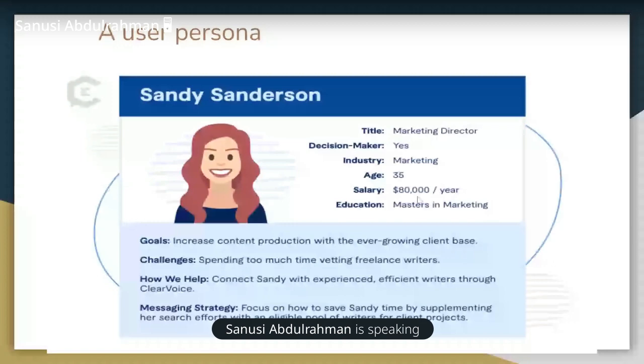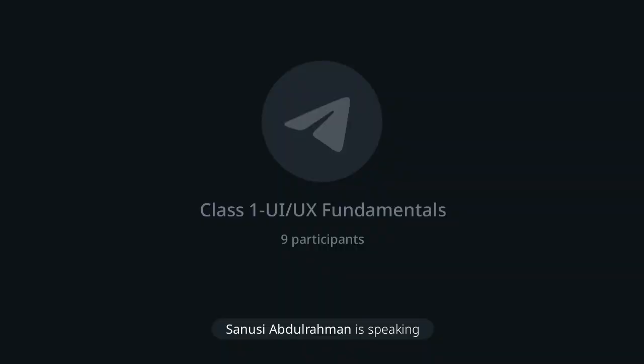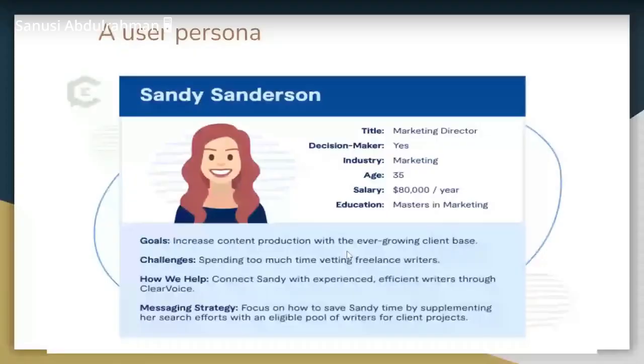This is just hypothetical, not really how it looks, just to show you how it can look. This is a demographic representation of the person's goals, the person's challenges. That's how we help the marketing messaging strategy.